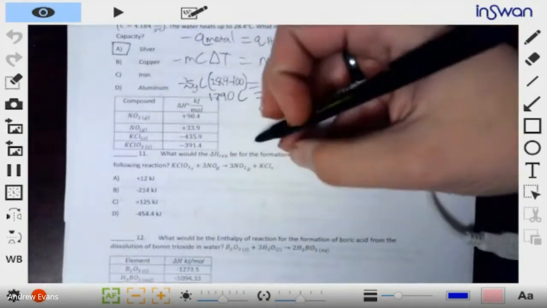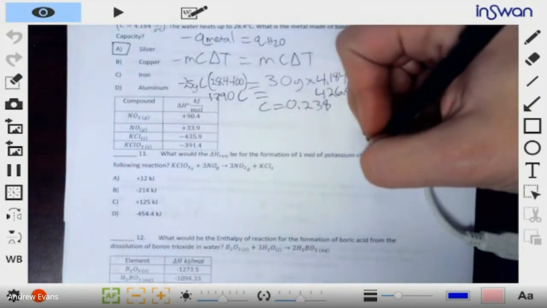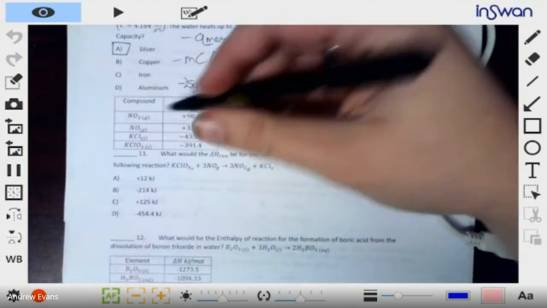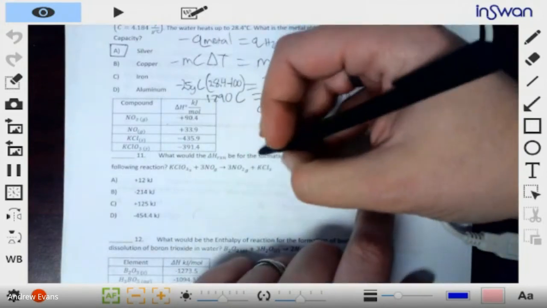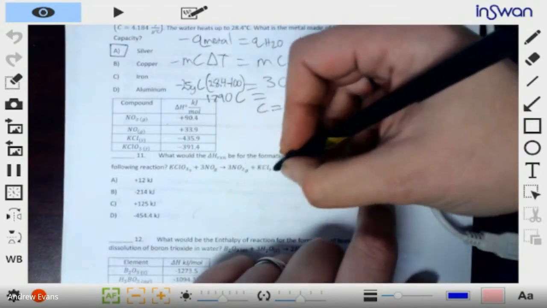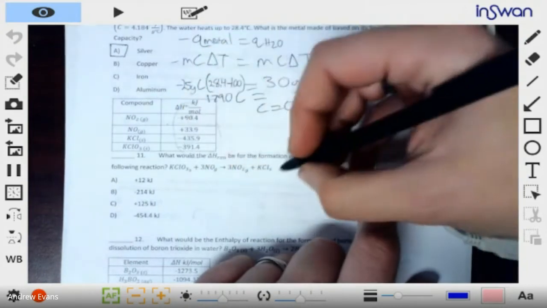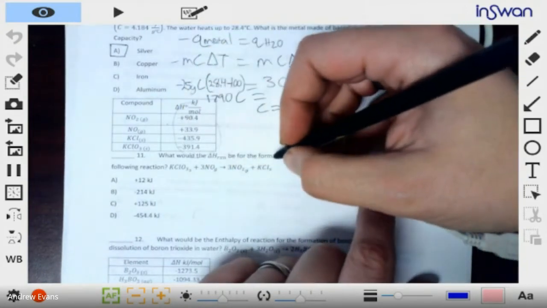Okay, what is the delta H for the formation of 1 mole of potassium chloride for the following reaction? So we've got to use this data. So products minus reactants. Because I have the table, we have to do products minus reactants rather than Hess's law.